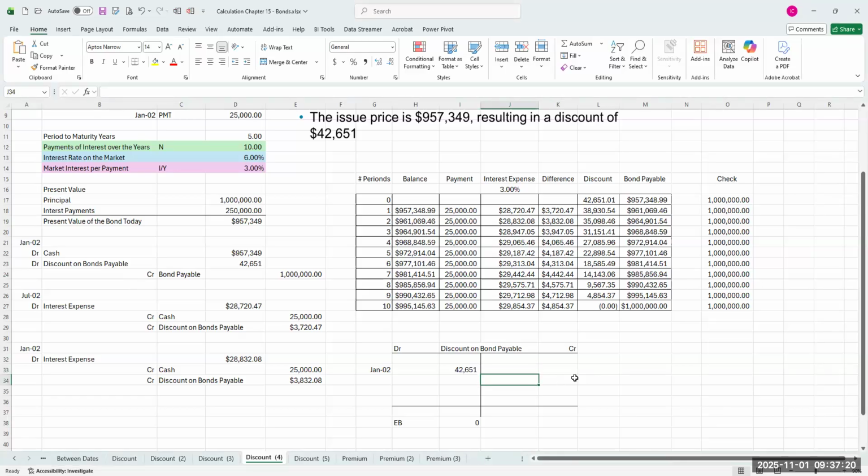So every time we make a payment of interest, that will be on July 02nd, and then on January 02nd, we have to amortize something, which on July 2nd will be this amount, then on the next month will be that amount, and then we start adding those amounts, which is the difference between the interest expense and the payment, and that's gonna bring this 42,659 down to zero.